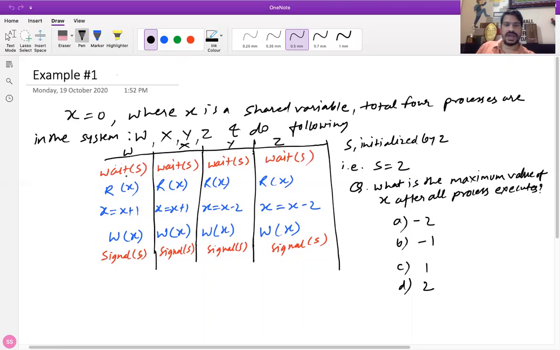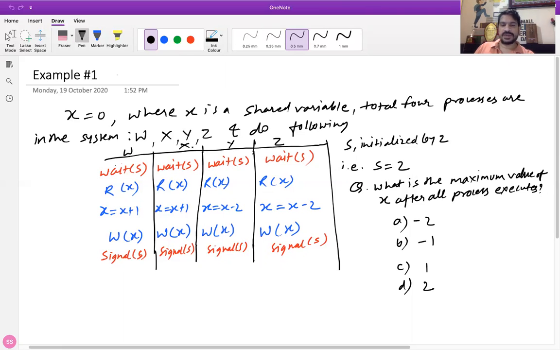So what will W do? W will increment the value of x by 1. This means W will read the value from the system, increment the value of x by 1, and write the value of x back to the system.